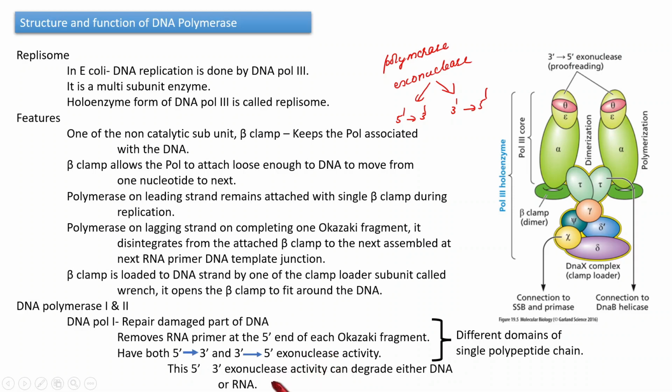And regarding that 5 dash to 3 dash exonuclease activity, it can act on both DNA and RNA. Clear? That 5 dash to 3 dash exonuclease activity of DNA pol can work on both DNA and RNA. That is another important special feature of this DNA polymerase 1.